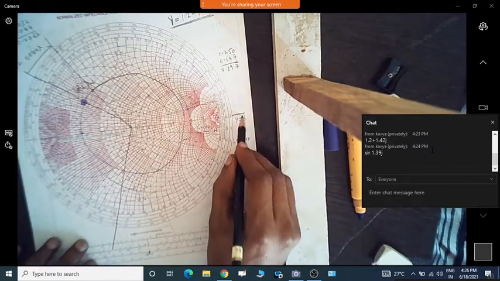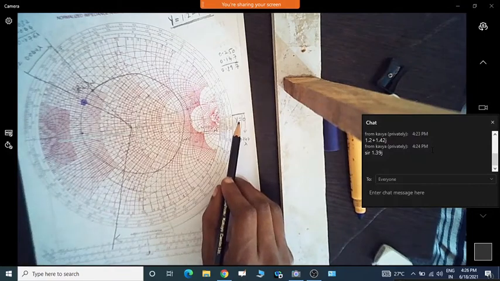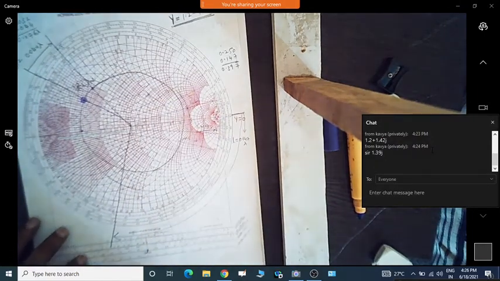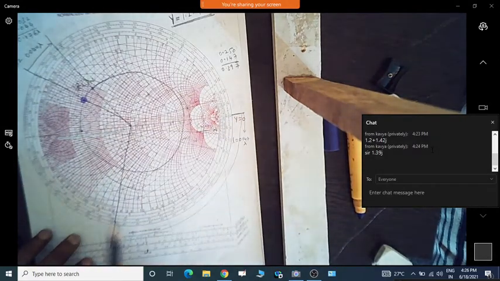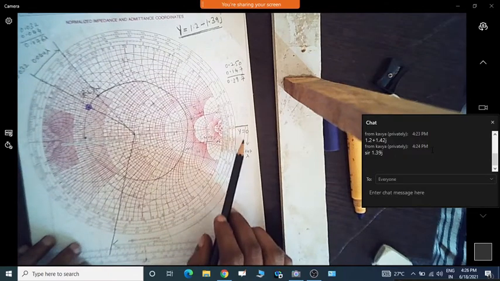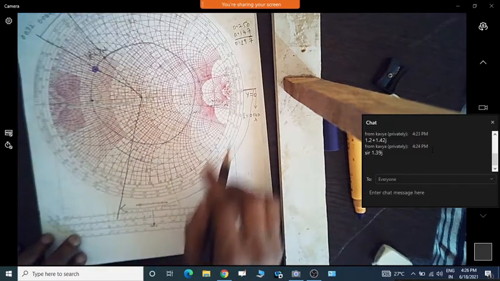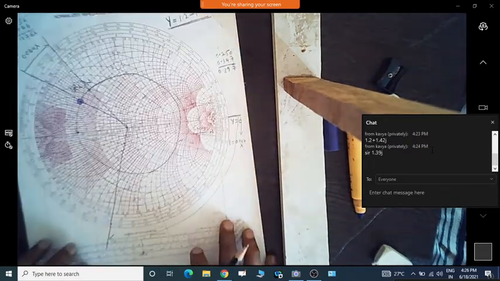So this is the length we are moving, 0.147 from the open circuited point. This is the place where we have the shunt open. Since it is a shunt, we take the y equals 0 point and move this much length.